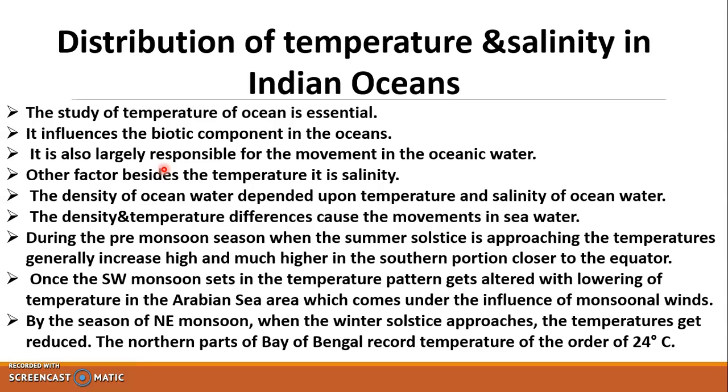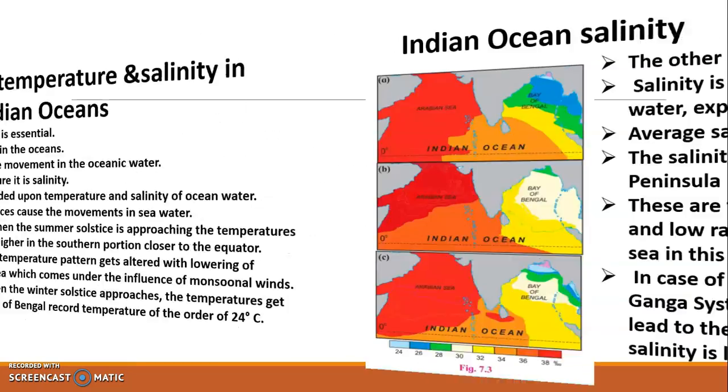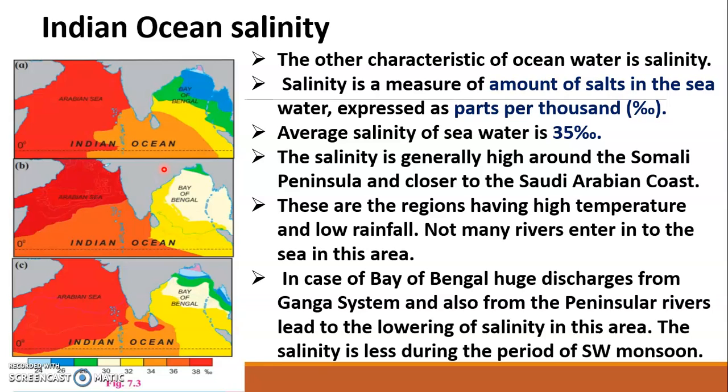So this is about the distribution of temperature and salinity. Now we'll see the Indian Ocean salinity. How do we calculate the salinity? The other characteristic of oceanic water is salinity. Salinity is a measure of the amount of salt.